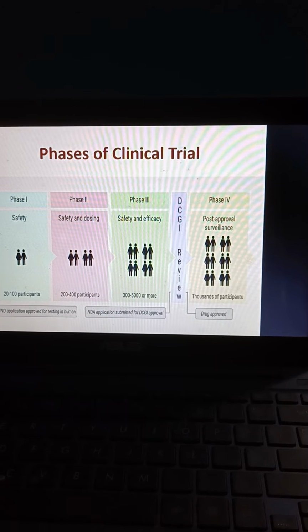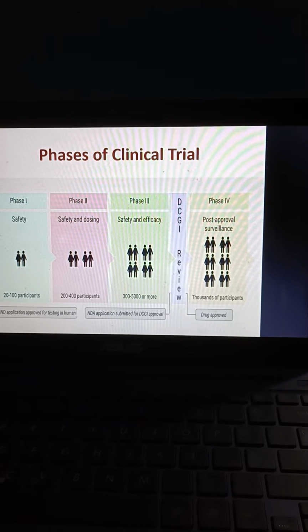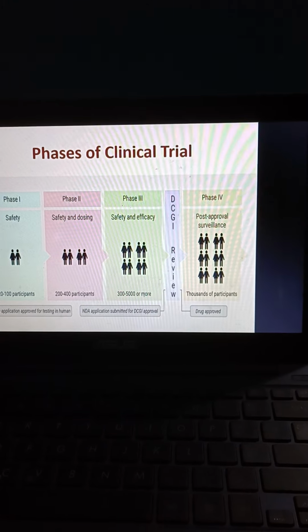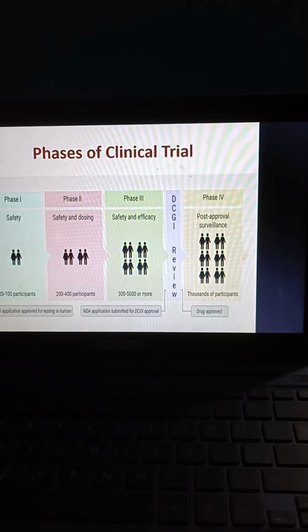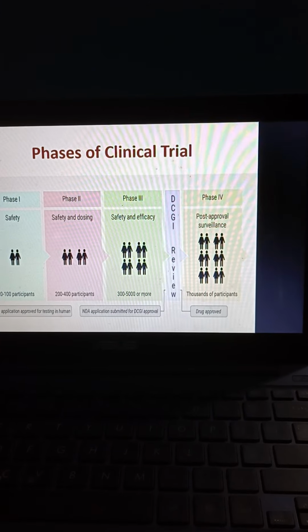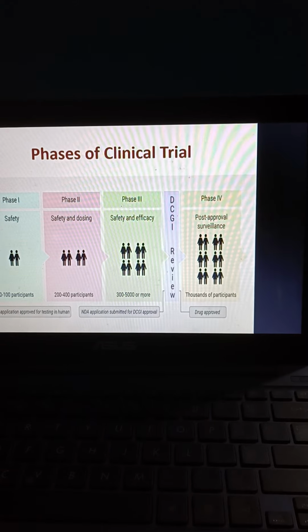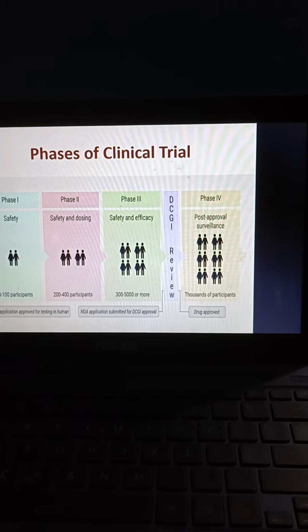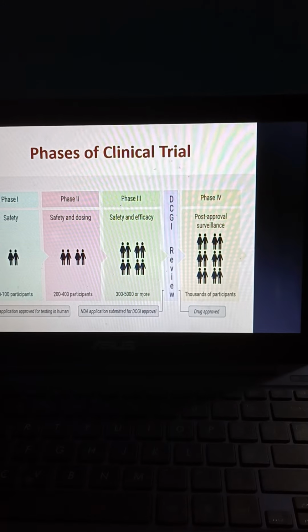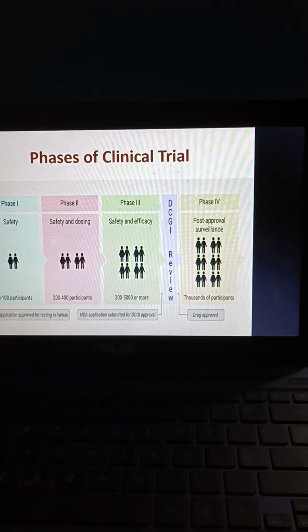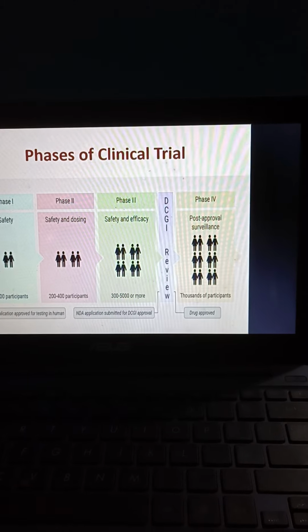Then after review by the regulatory authority, the drug is approved and phase 4 will be done, which is post approval surveillance. Thousands of participants will be taken for the post approval surveillance.